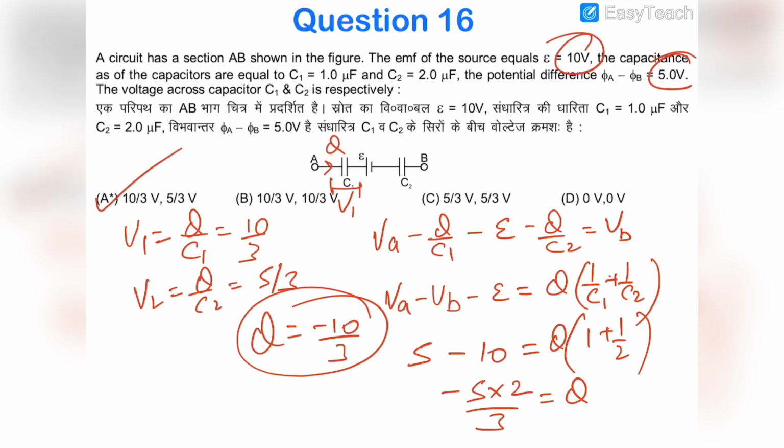So the correct answer is A. And you can see that there is no problem of sign in all of the 4 options, so we can just ignore this negative sign. This negative sign is indicating that the charge is not flowing like that. In fact, the charge is flowing in the reverse direction of what we have assumed. So now let's move on to the next question.